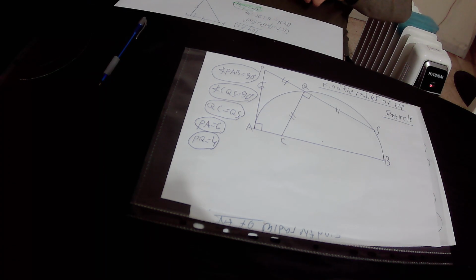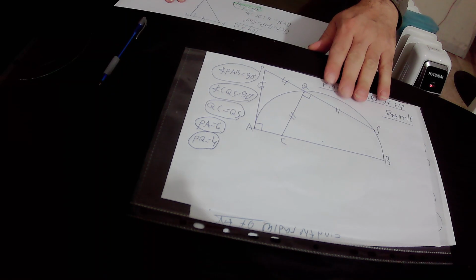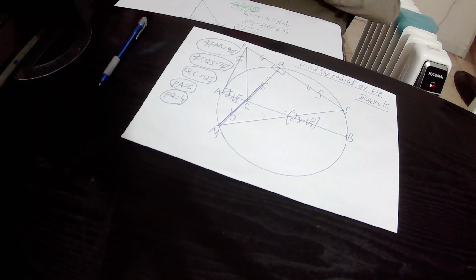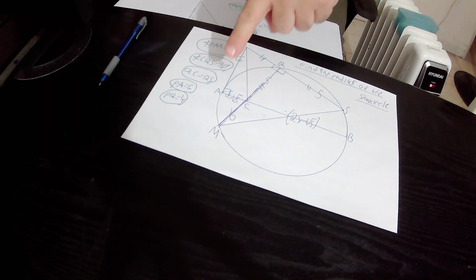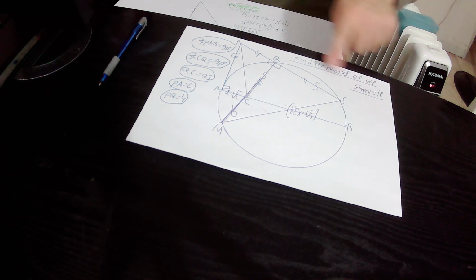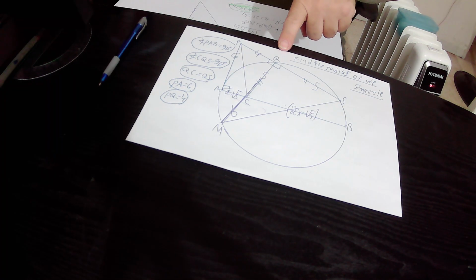Why? Because in our drawing, if we focus at point P, PA is tangent to the semicircle at point A, and we have line segment PS that cuts the semicircle at points Q and S. Therefore, we can implement rule number 10.